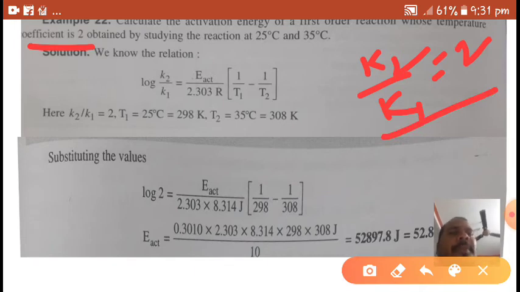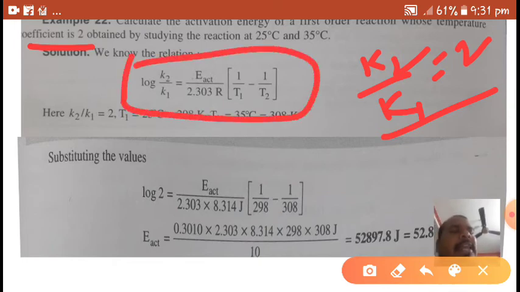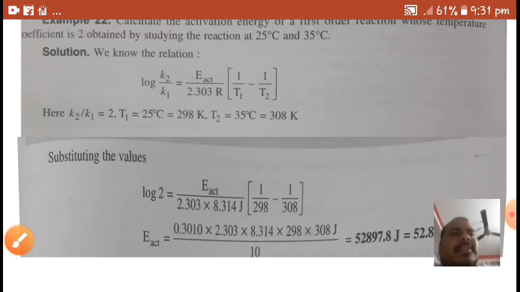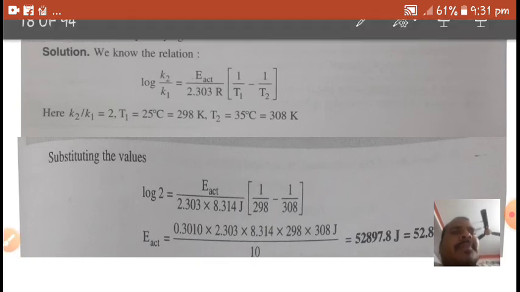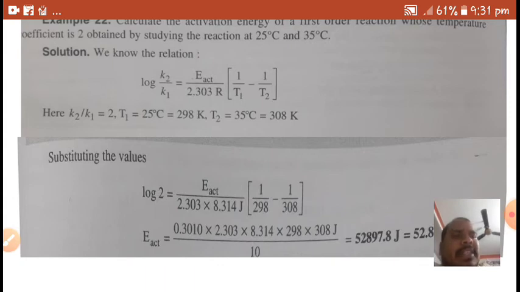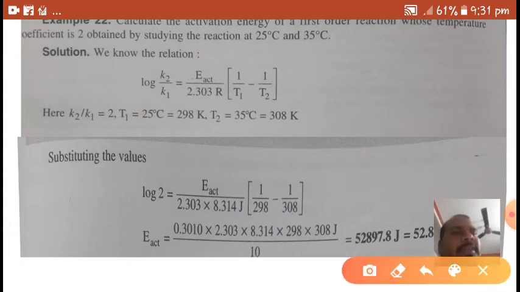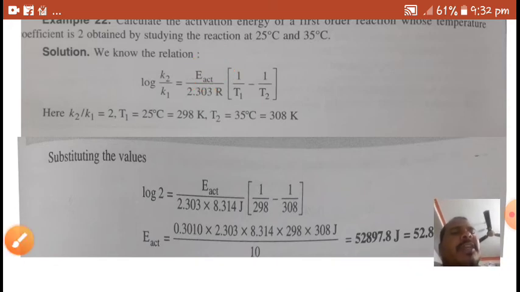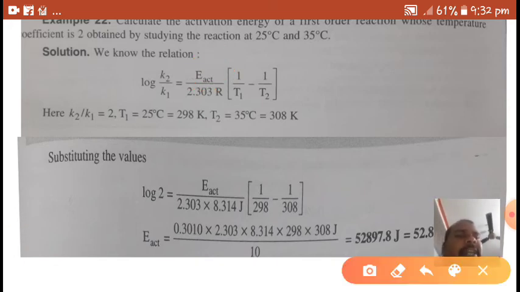By just reading this problem, you can say that by using the Arrhenius equation we can calculate the activation energy. He has given K2 by K1, and T1 and T2 are also given, so we can calculate the activation energy easily by substituting all these values in this equation.